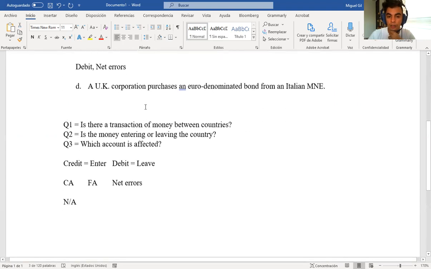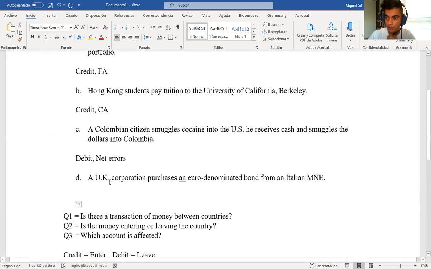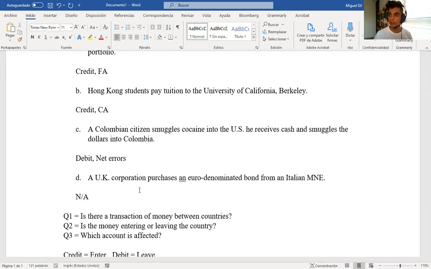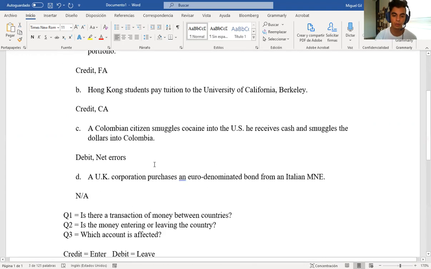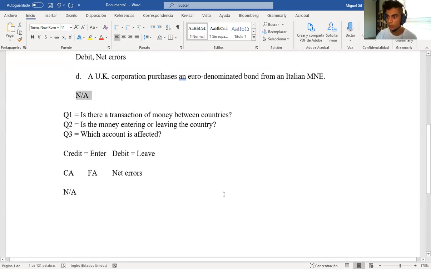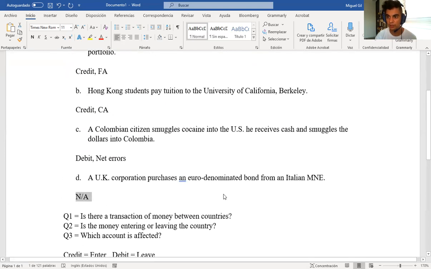No, the transaction of money is not between the US and any other country. It's between the UK and Italy, right? It doesn't affect the US. So that's why you can conclude NA. So this is another case when you can say that there is no transaction, because we are talking about the US. If there is a transaction that doesn't involve the US, we are going to conclude that it won't affect the balance of payments.